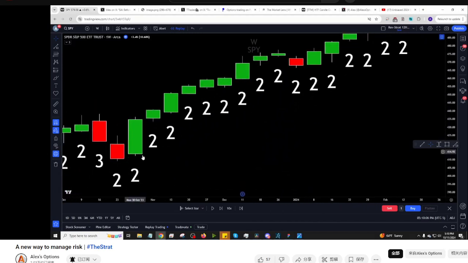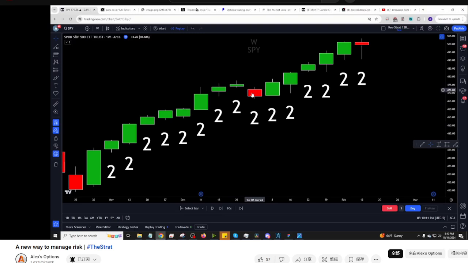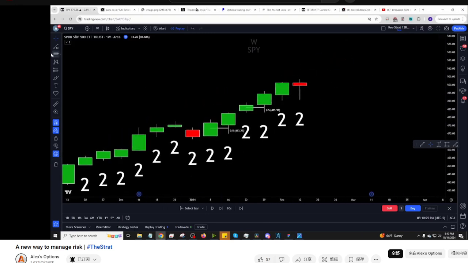And this is also another way of pretty much just saying, as long as we're not going 2-2 reversal, it still looks good. In this case, 2-2, and then stop some guys out. You can see the reversal back up. Respects the 50%. Then another uptrend in here. Same thing. Etc., etc.